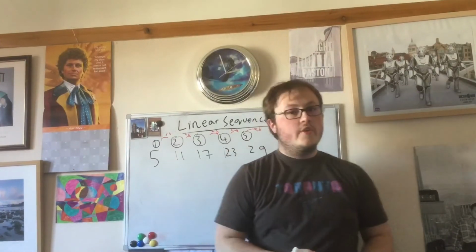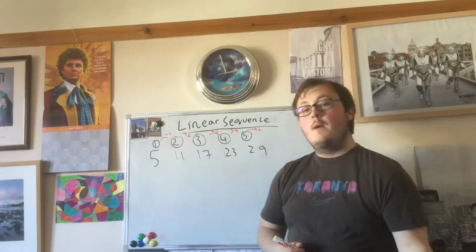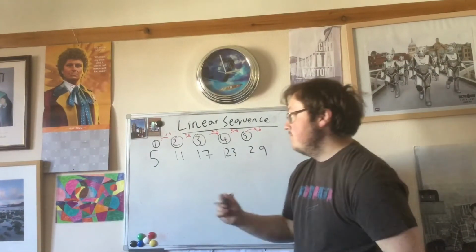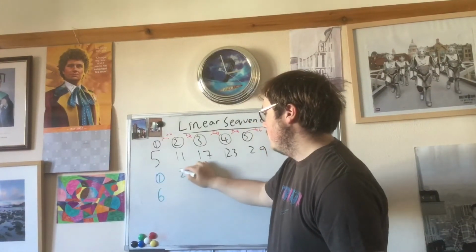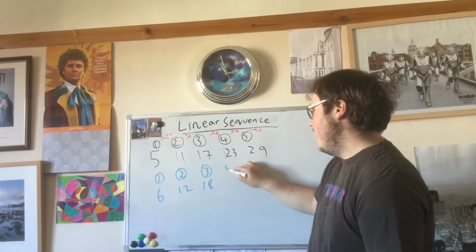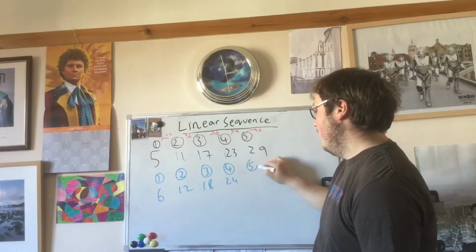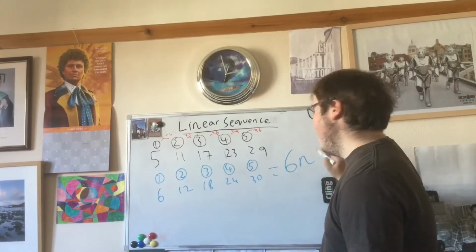So question 2, which sequence also goes up by 6? Which times table? Well, the 6 times table. And that 6 times table in sequence form with the nth term is also known as 6n.